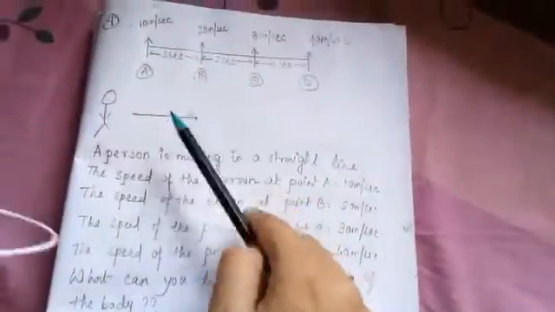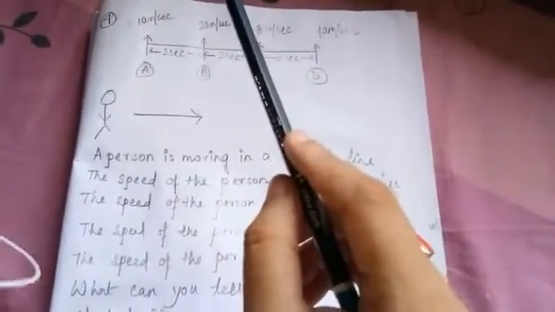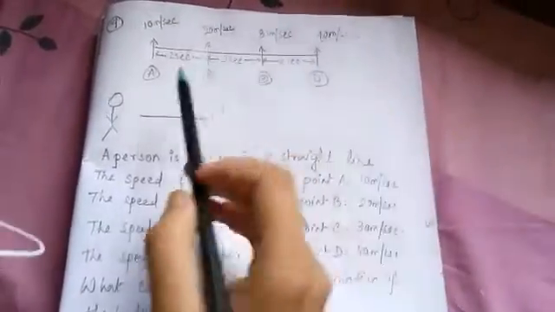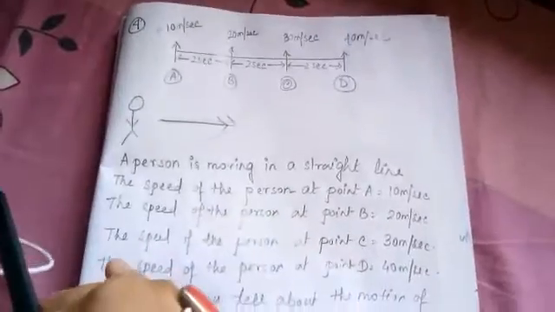Now I have to consider, is it a uniform acceleration or non-uniform acceleration? So students, it is a uniform acceleration. How have I understood? Because the value of the acceleration is not changing, and also its direction is not changing. It is in this direction. So what we can say?